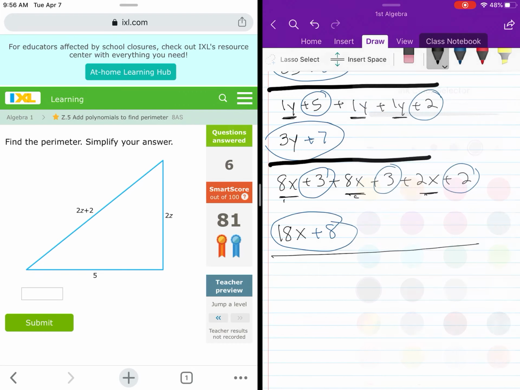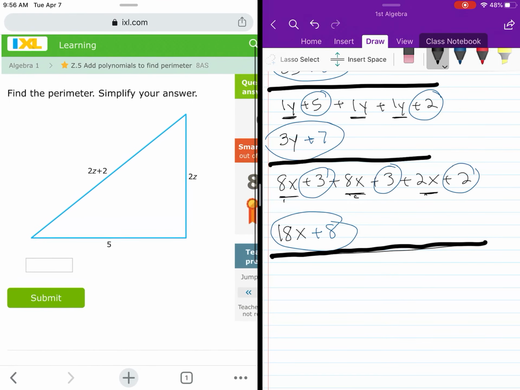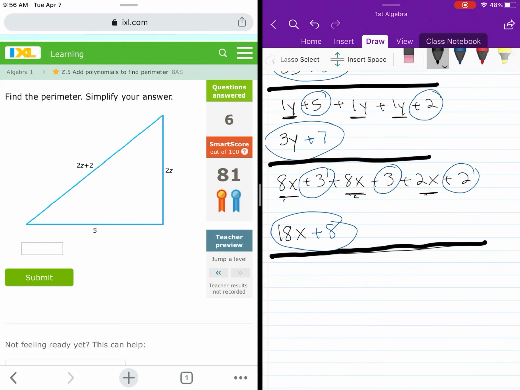Right, so I just jumped a level. This is the highest level that you'll get, so the questions will not be any more difficult than this. I cannot go any further. Alright, so here what you are going to do is same thing. So I have 2z plus 2. That's one of my sides. And then plus 2z. And then plus 5.